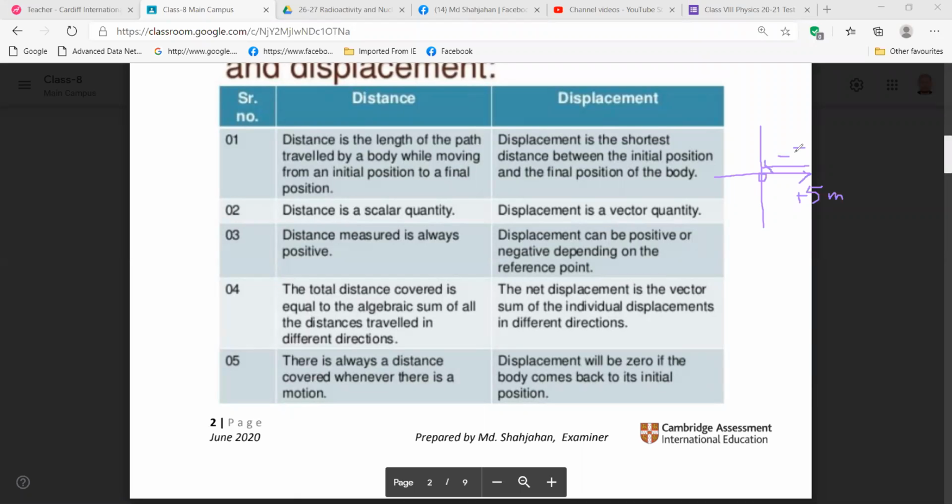It cancels out, so your displacement is 0. But your distance is 10 meters: 5 meters plus 5 meters. Please take these notes, otherwise you will be confused or you will forget again.